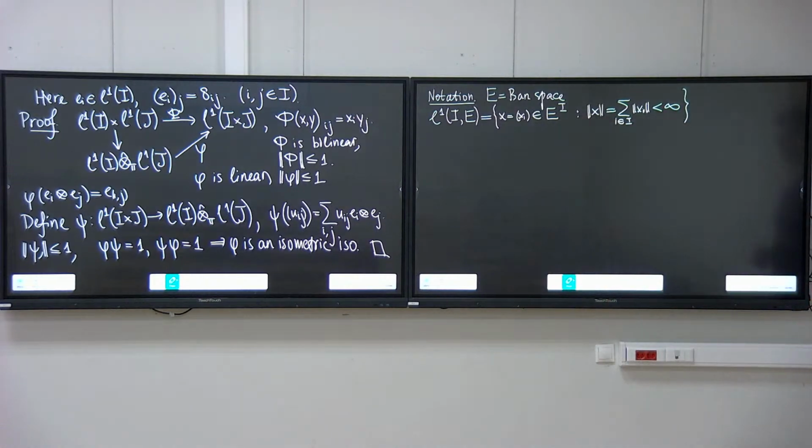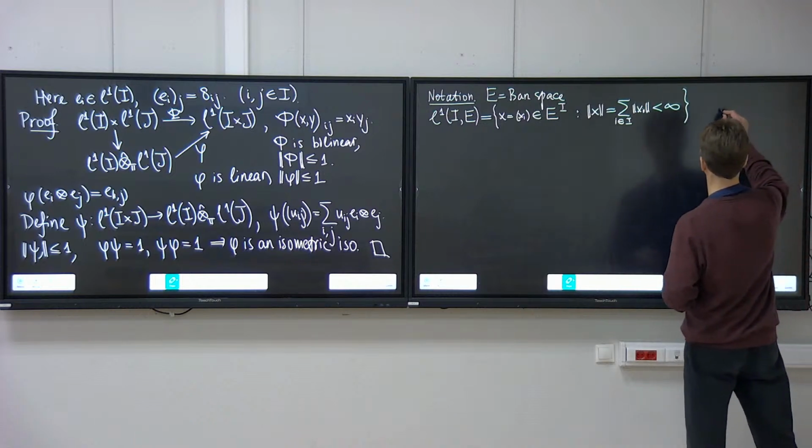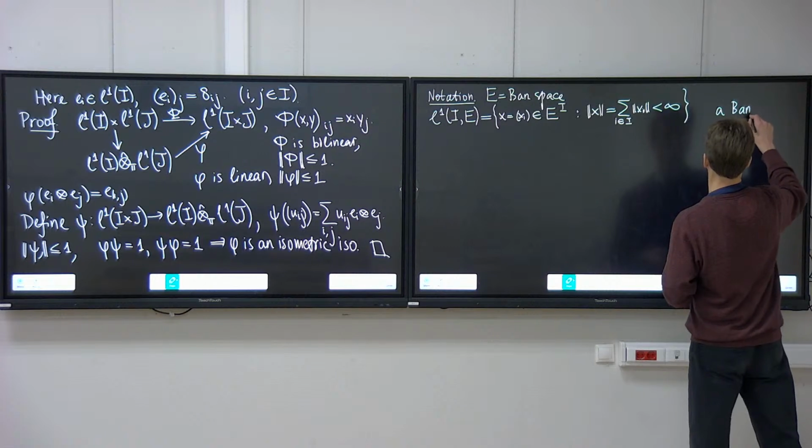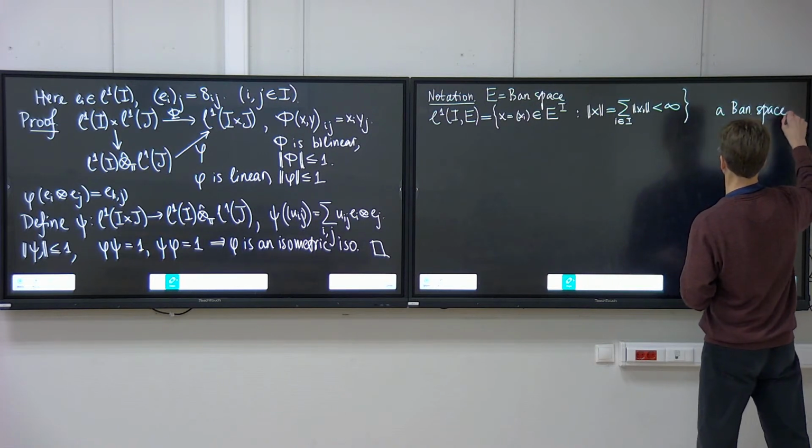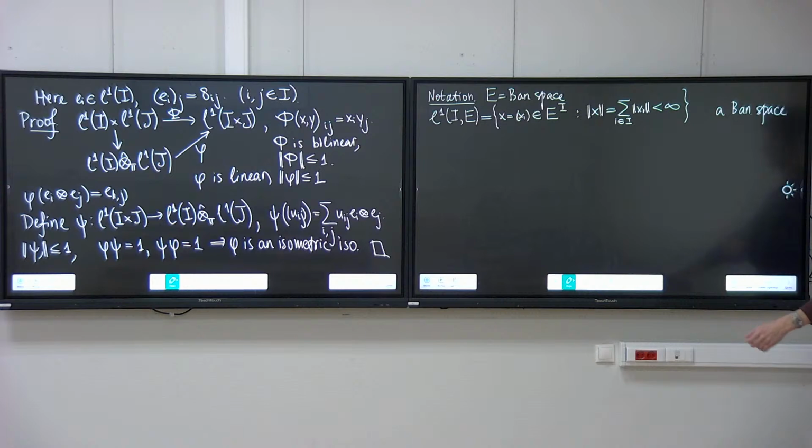So this E-valued little L1 space is also easily seen to be a Banach space. So this is the norm on our space.